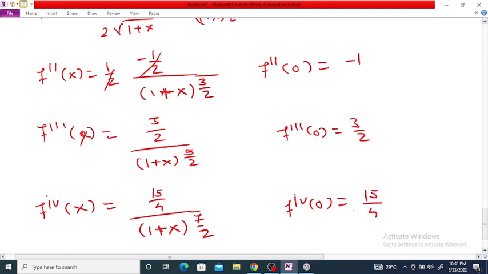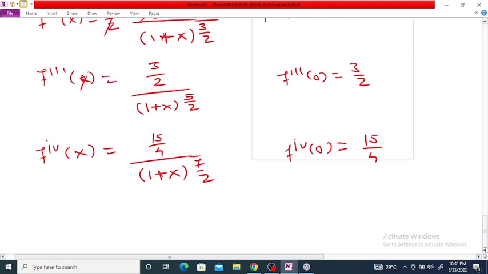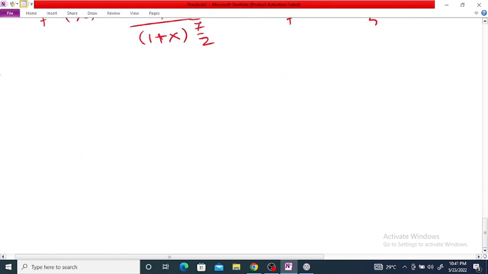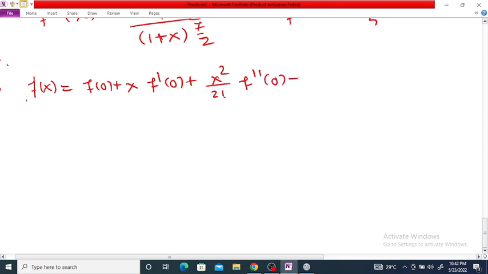So now if you substitute all these values in the given equation, then we get the expansion. I'm writing f of x is equal to f of 0 plus x f dash 0 plus x square by 2 factorial f double dash 0 plus x cube by 3 factorial f triple dash 0 plus and so on.